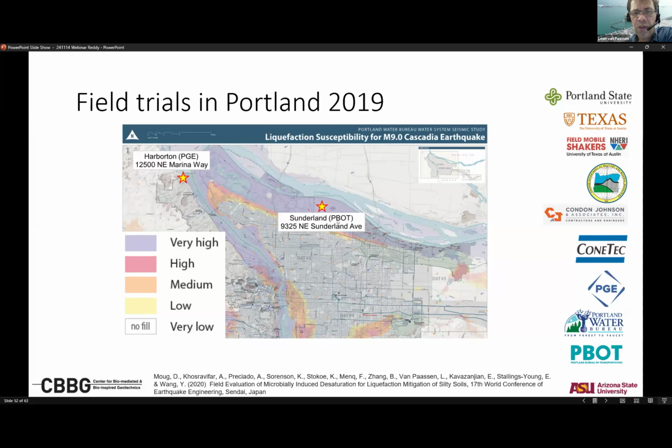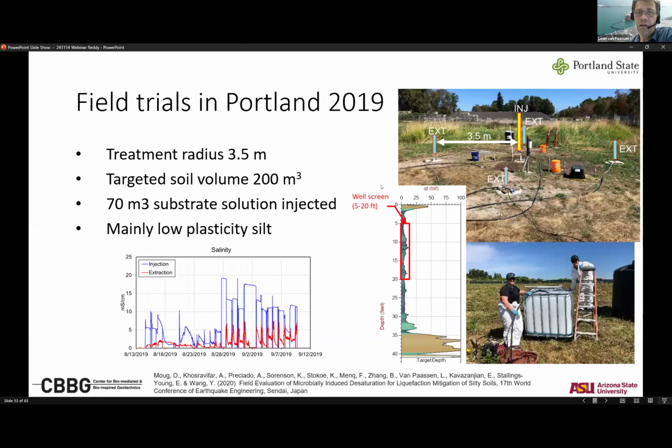So both sides are very critical infrastructure. It would be a very large catastrophe if these infrastructure sites were affected by liquefaction during such large earthquakes, which are expected in the not too distant future. So here you can see an image of why the field trial is important.